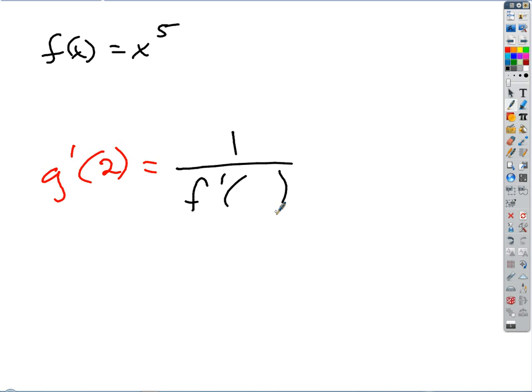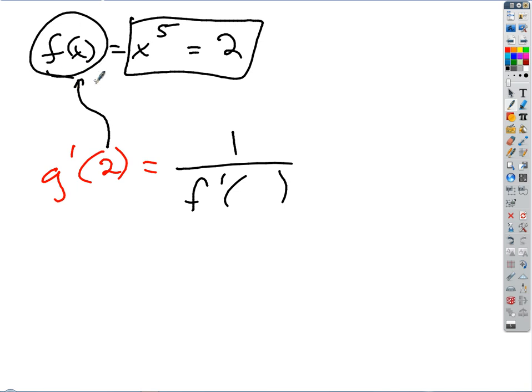Not 2, right? 2 is the x value for the inverse. The x value for the inverse has to be the y value for the original. So we set f of x equal to 2, right? Does that make sense? The 2 that's going into the x value for the inverse has to be the y value for the original. So that's what we're setting f of x equal to. So what's the answer?